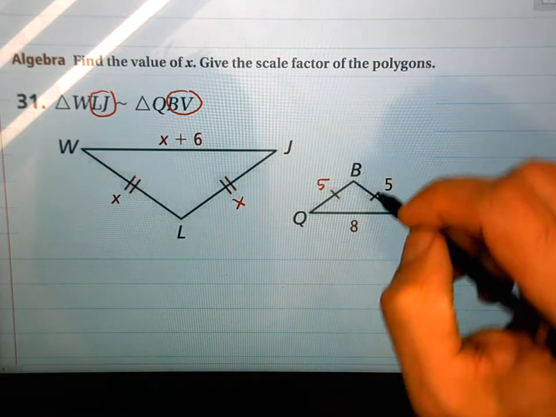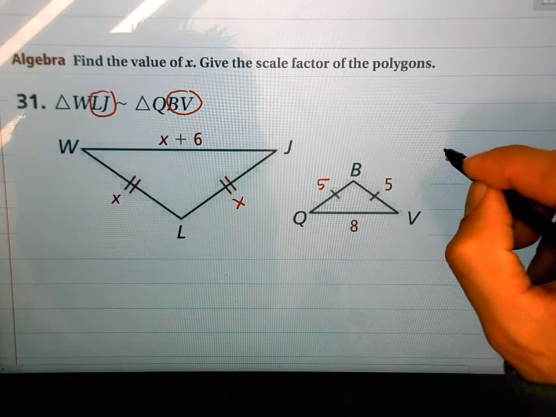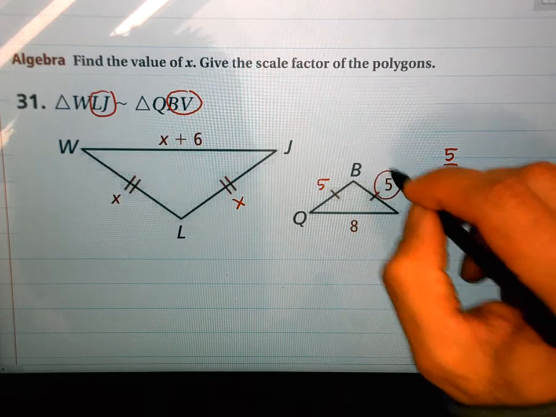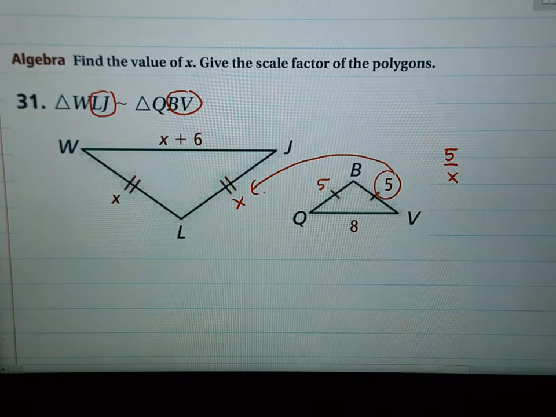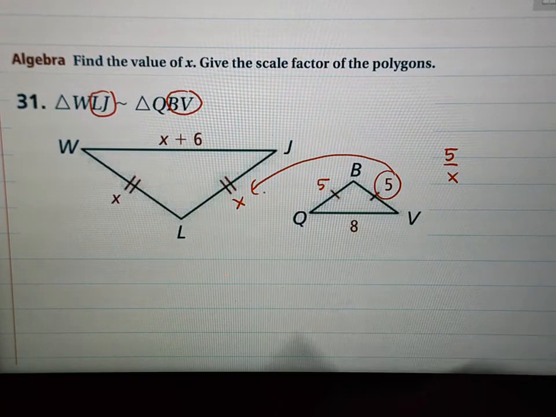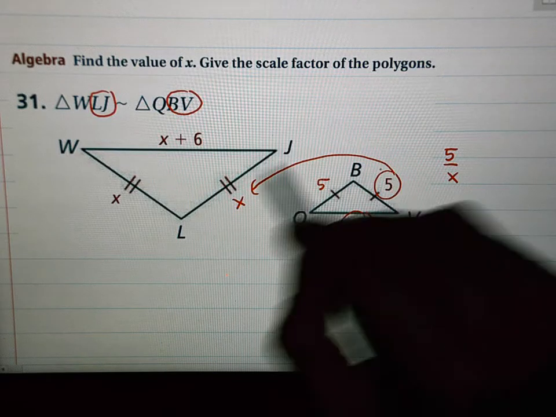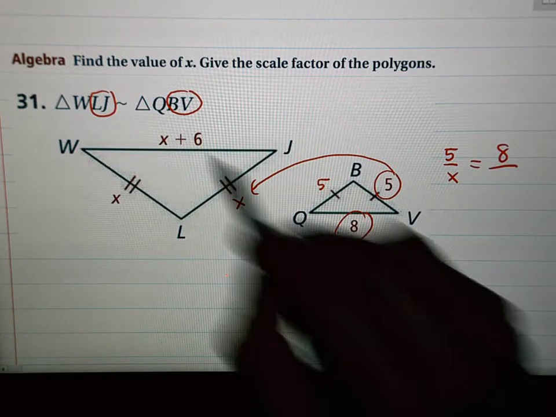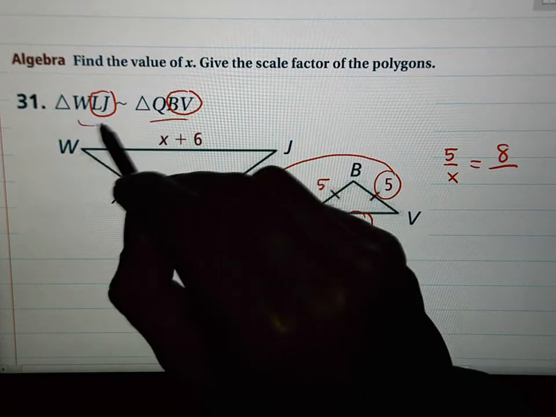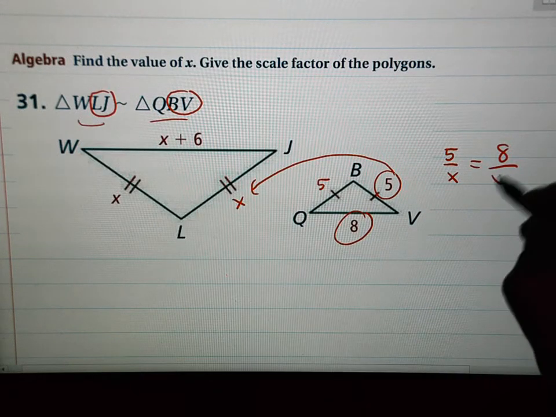So I'm going to do 5 over x. This 5 over that x. And I want to figure out what this other value is. I'm going to use 5 over x equals 8 over QV matches with WJ, which is the x plus 6.